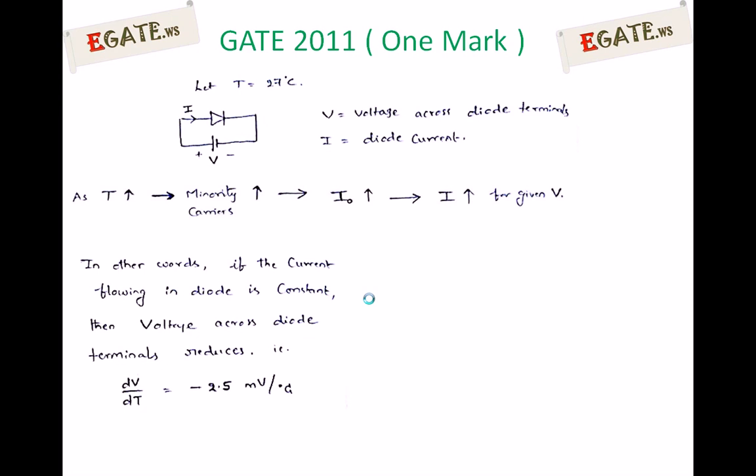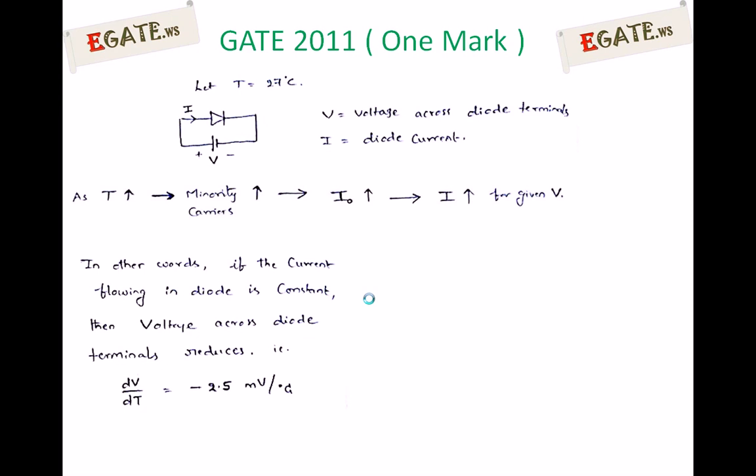For a constant current source, the voltage across the diode terminals reduces. How much will it be? dV by dT is minus 2.5 millivolts per degree centigrade. That is, for every 1 degree centigrade rise in temperature, the forward voltage reduces by 2.5 millivolts. That is the rate of change of voltage as temperature increases.